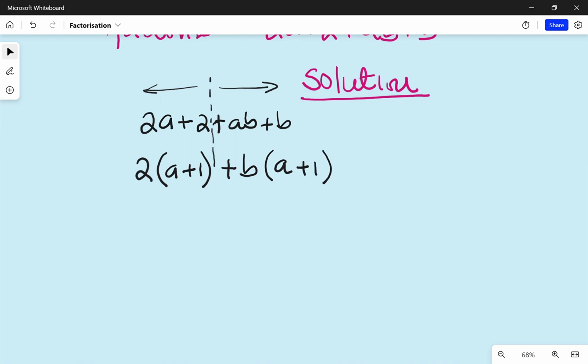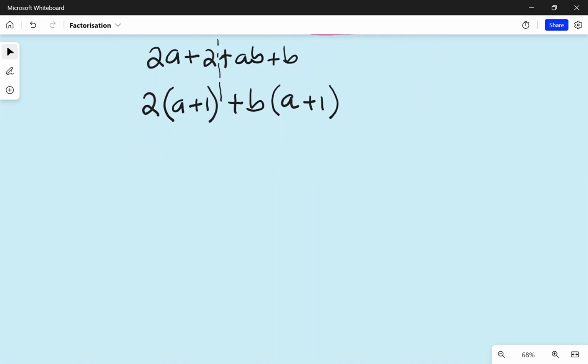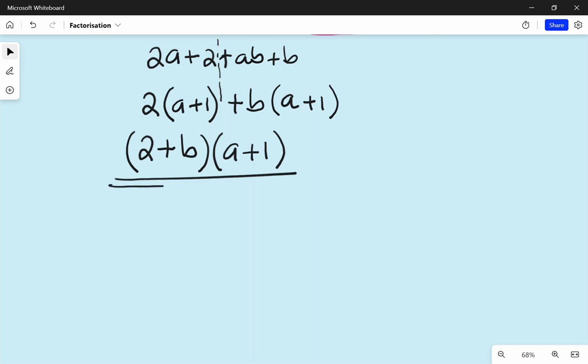At the end of the day, those in brackets, I pick one of them. Those outside the brackets, I create a bracket for them. So I'm going to have 2 plus b here, and then a plus 1 here. This is your answer. You have just managed to factorize.